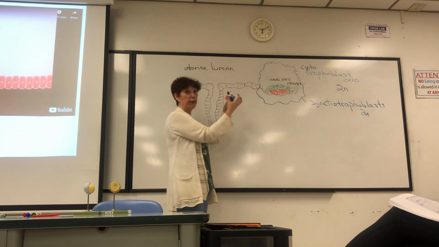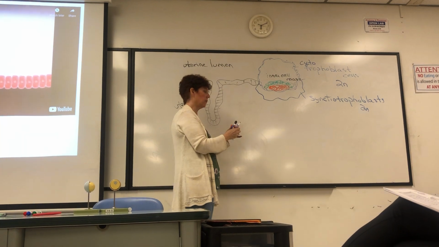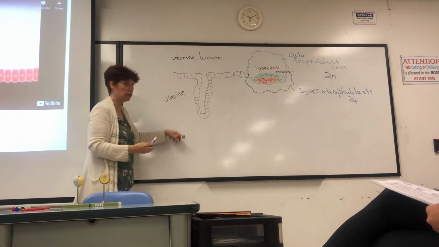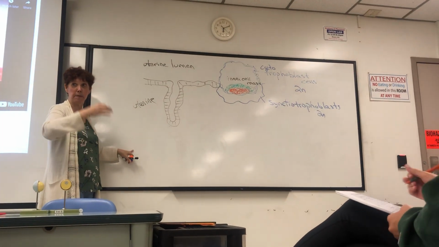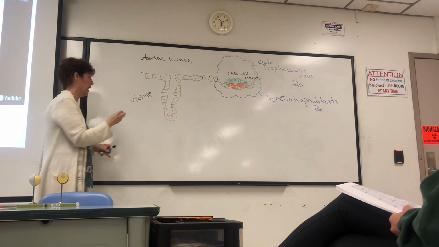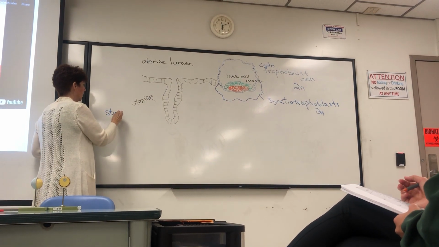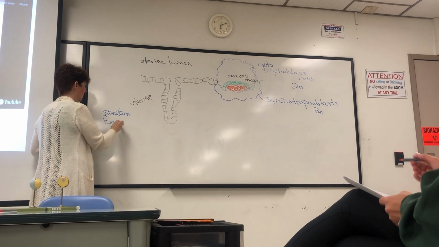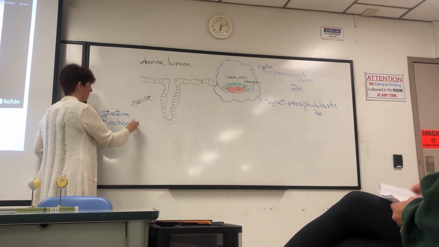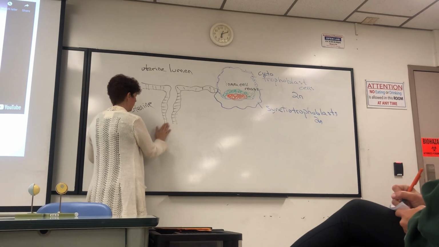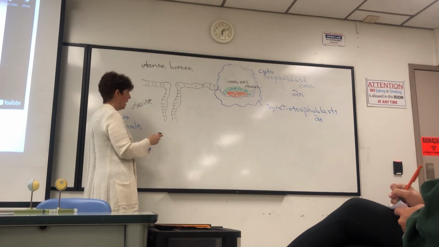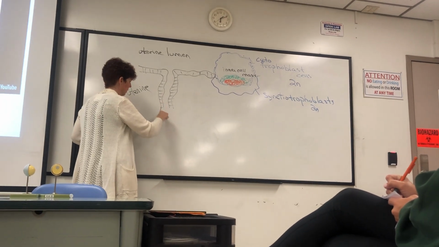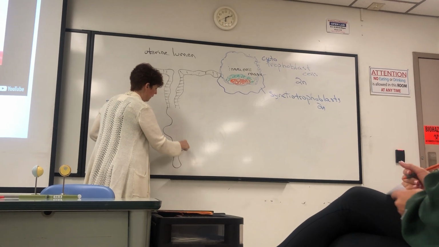So as this moves deeper into the stratum functionalis of the endometrium of the uterus, all right? So to be accurate, I'm going to bring my diagram of the uterine gland a little bit farther down.